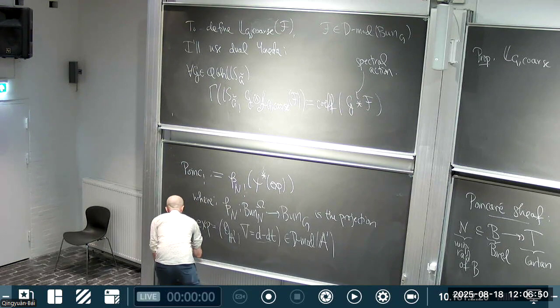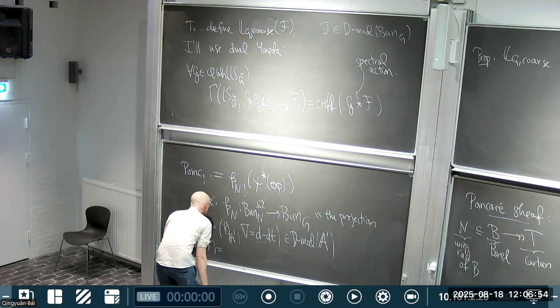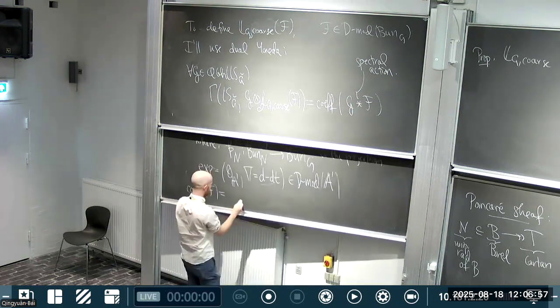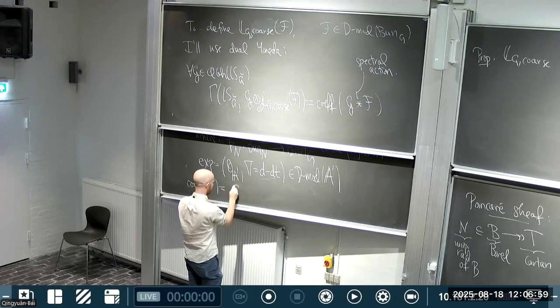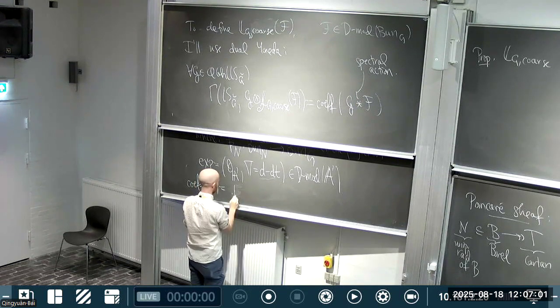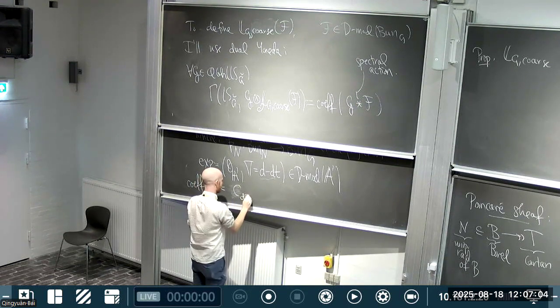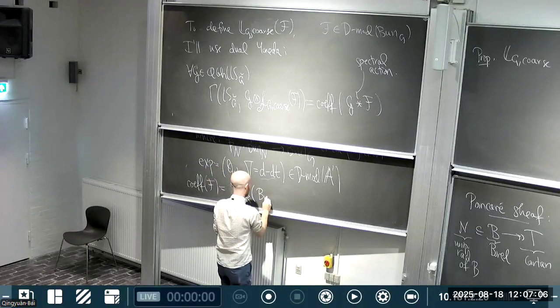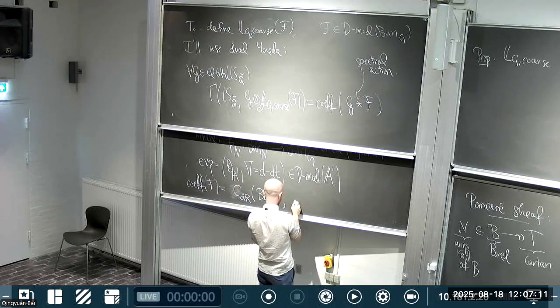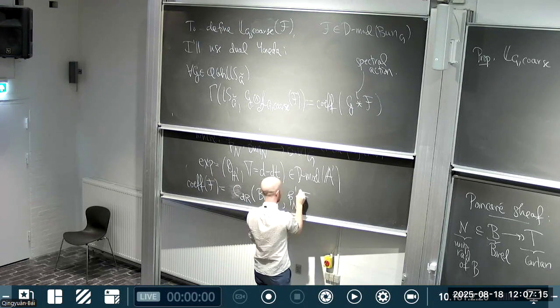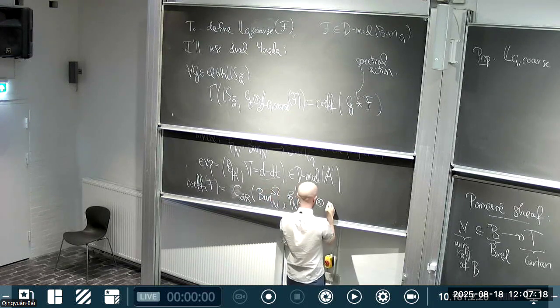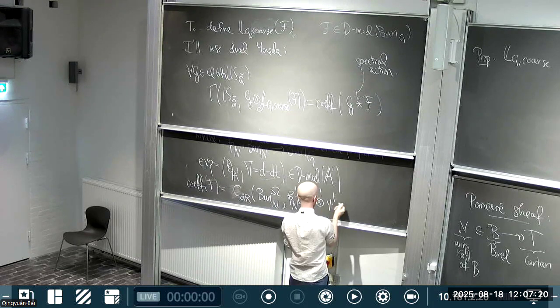And let me just say that this functor of coefficients of some object F, if you think about what it is, this is going to be computed by taking, let's see, the RΓ to be very official about it. This is Bun N omega, and then I'm going to take my sheaf F, pull it back, still on N, and then I'm going to tensor.